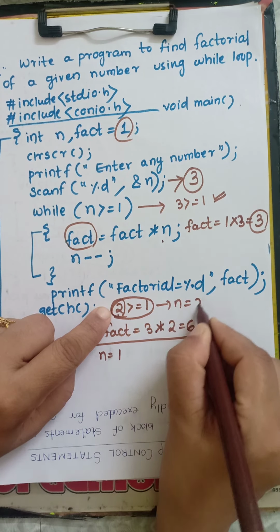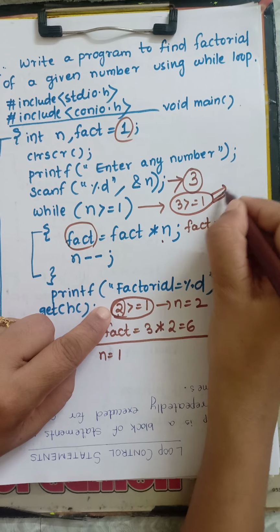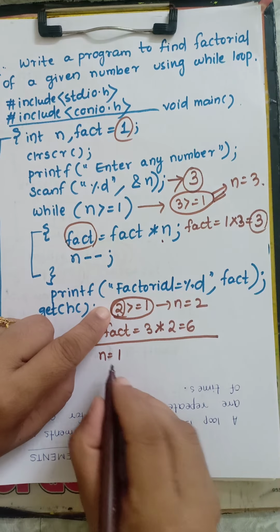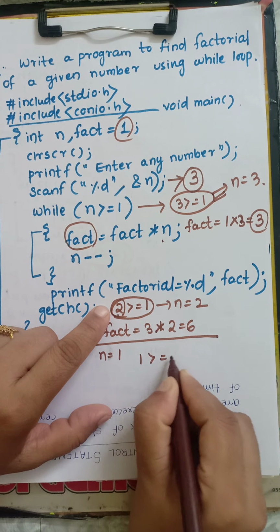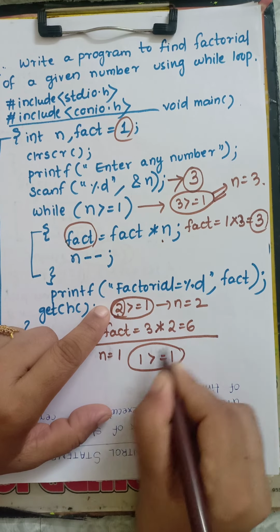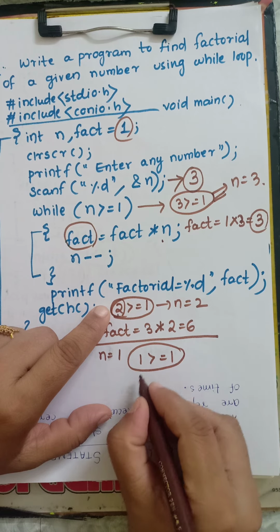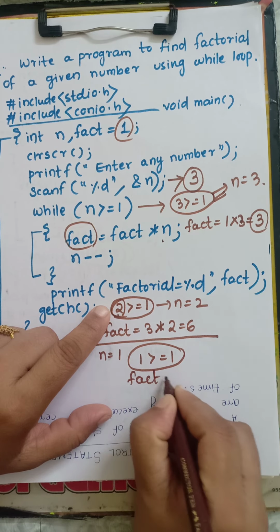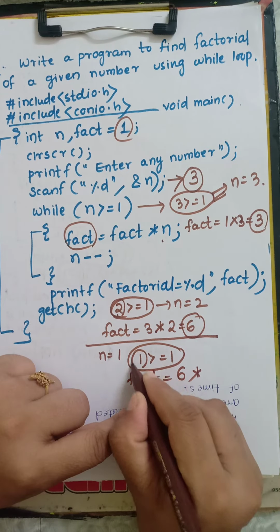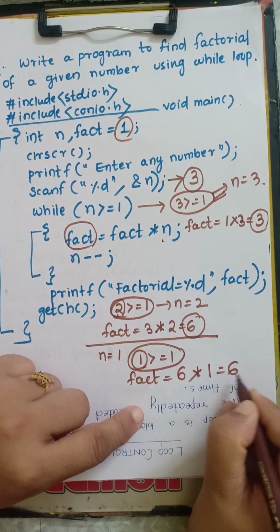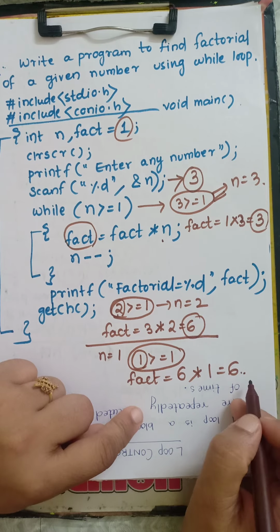Here n equals 2, here n equals 3. Okay, so now we are checking n equals 1. 1 means 1 greater than or equal to 1. Yes, the condition is satisfied because 1 is equal to 1. So next is fact equals, what is the value of fact? 6 multiplication, what is the value of n? 1 equals 6. So now our output is 6.